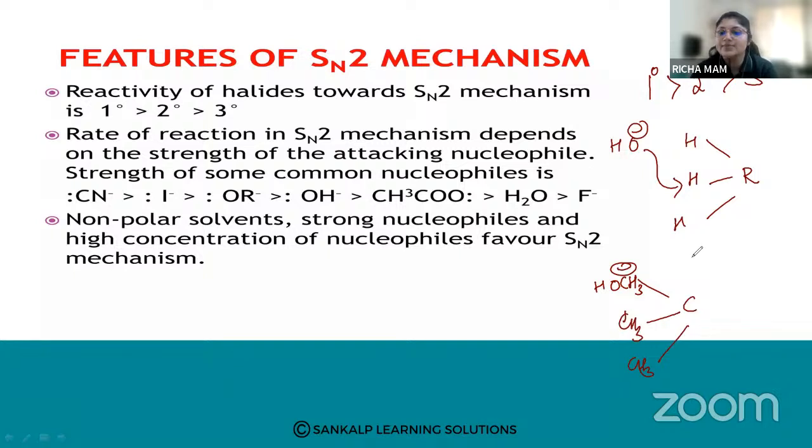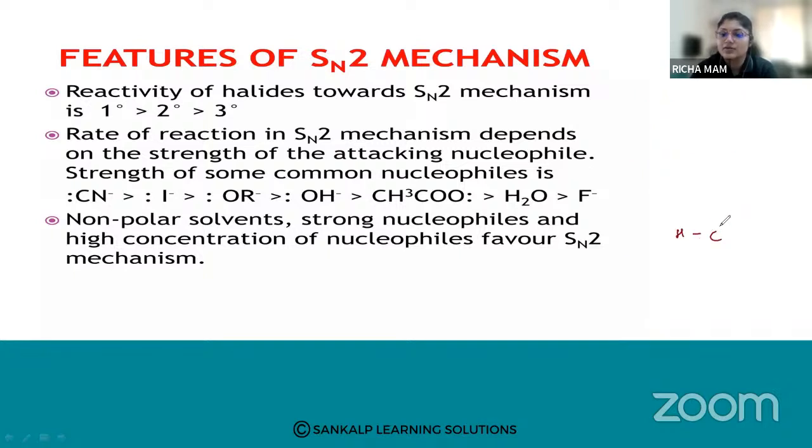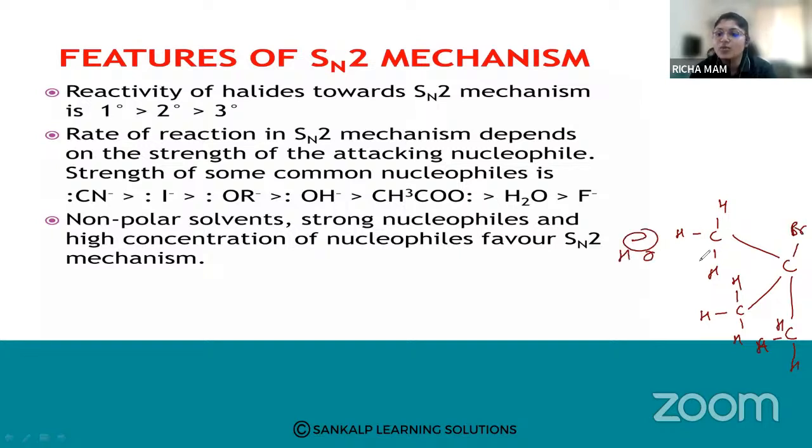So let me write it. These are the CH3 groups of the tertiary carbon, and here the attack of the nucleophile is taking place on the carbon bearing Br. What you can see in primary, secondary and tertiary alcohol, why are we using primary and not tertiary?